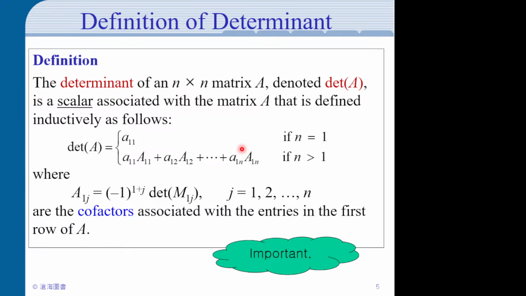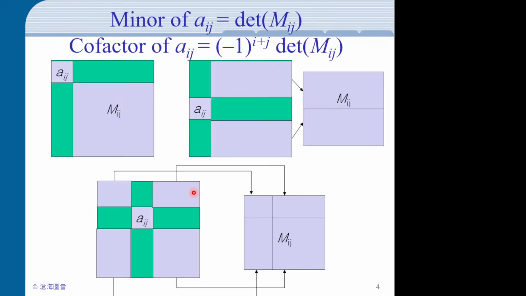So you pick the first row of the matrix, and there are those a11, a12, up to a1n, and they have their corresponding M11 to M1n, and then you take the determinant of those M1j.